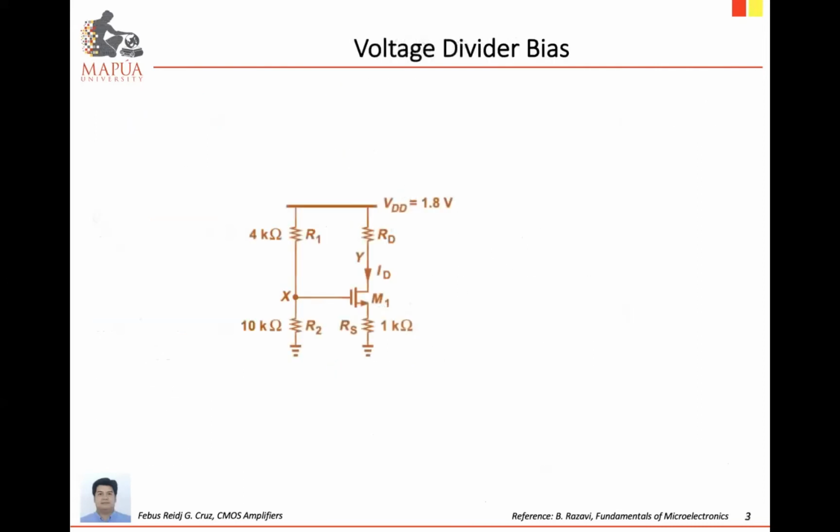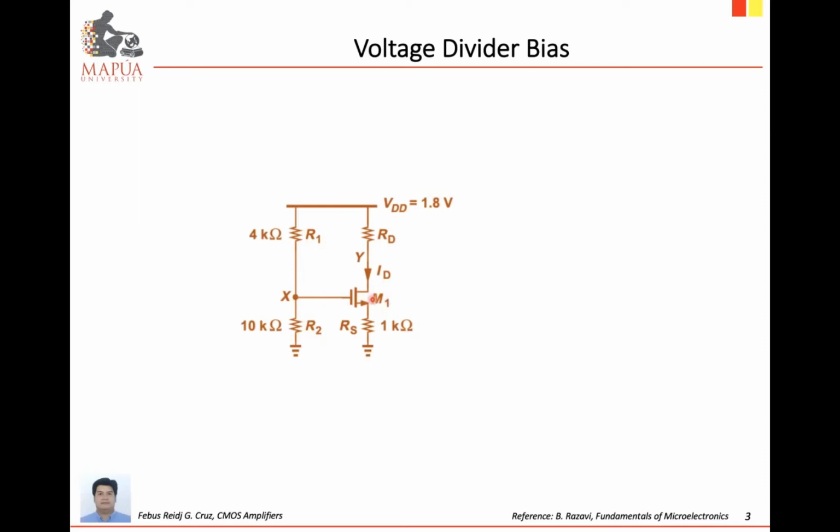So, continuing, let's have here examples of different bias circuits and the guide equations on how to analyze them. Let's have here a voltage divider bias, defined by the voltage divider components R1 and R2. The voltage drop across R2 will provide the bias voltage at the gate terminal of MOS transistor M1.